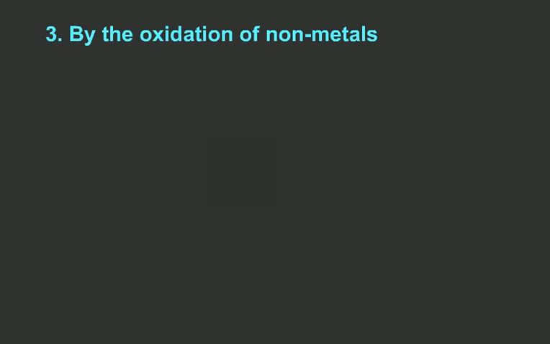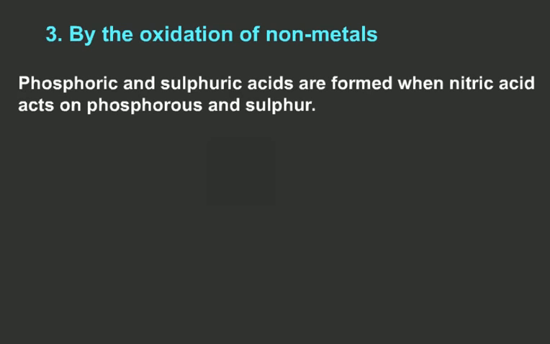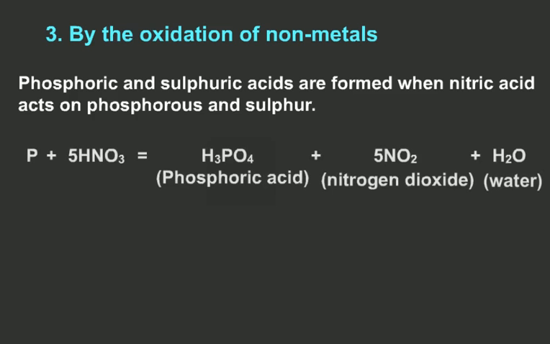Number 3, by the oxidation of non-metals. Phosphoric and sulfuric acids are formed when nitric acid acts on phosphorus and sulfur. For example, P plus 5HNO3 gives us H3PO4, that is phosphoric acid, plus 5NO2, that is nitrogen dioxide, plus H2O, that is water.